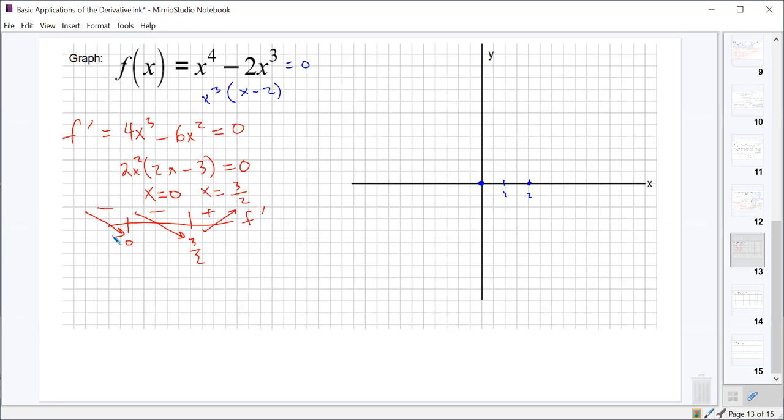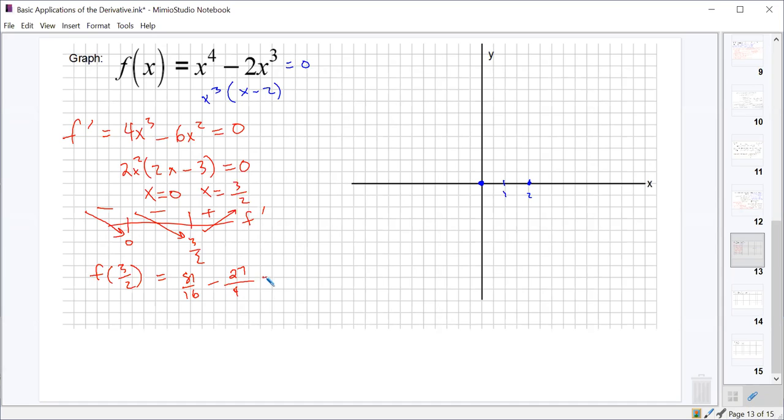For sure. Okay. So an important value we might need is then f of 3/2. So let's find f of 3/2. What is f of 3/2? That's 3/2 to the 4th, which is 81/16 minus 27 over 4.